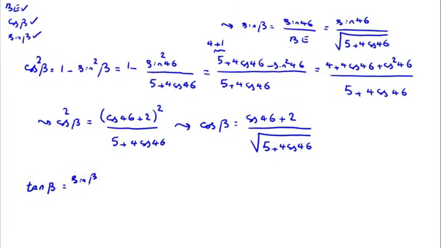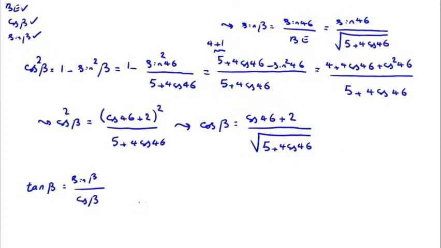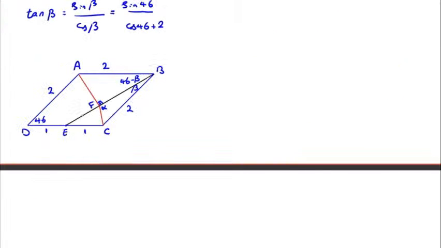It will be sine beta over cos beta, so the denominators will be cancelled. Sine beta over cos beta will be sine 46 over cos 46 plus 2. So we found also tangent beta.